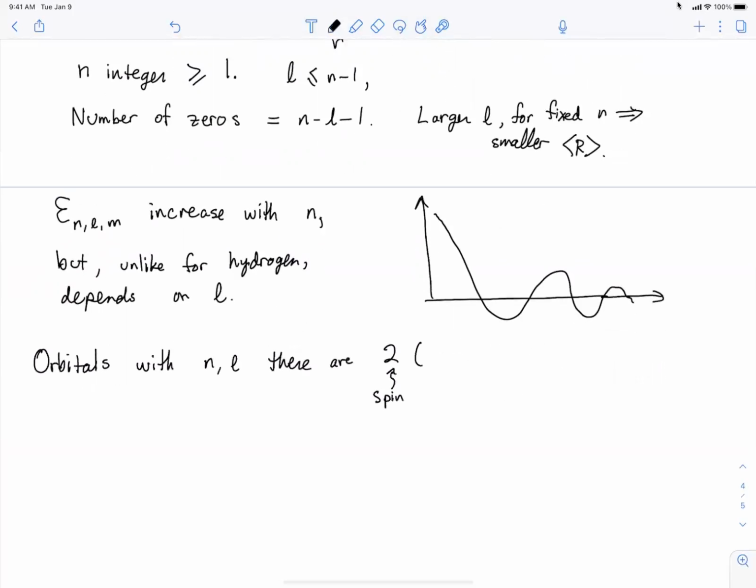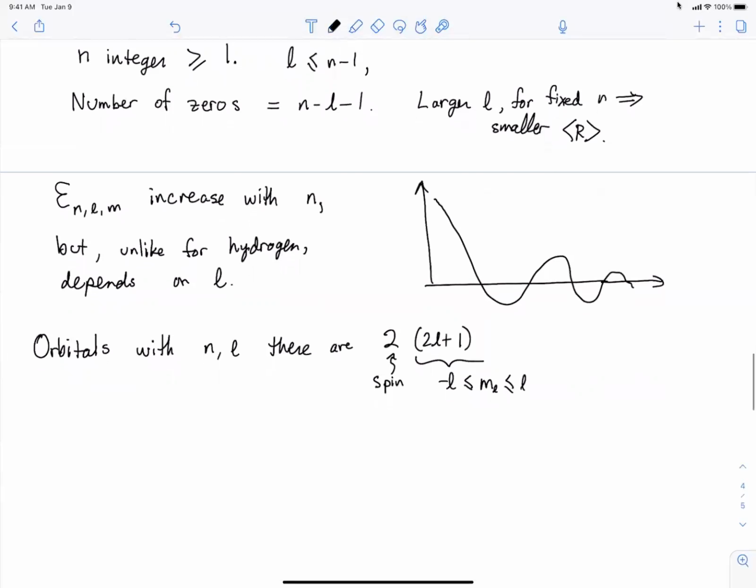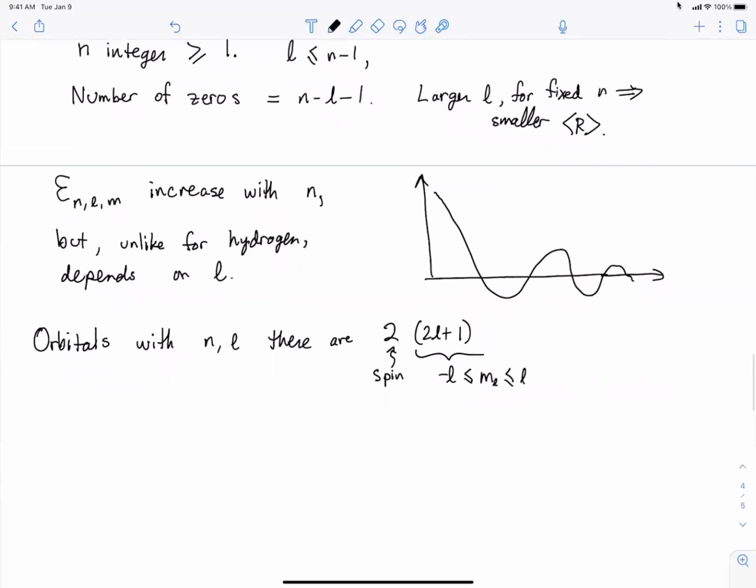And then there's going to be 2L plus 1 of these for minus L less than or equal to M sub L less than or equal to L. So that's just the degeneracy associated with the Z component of the angular momentum. And so the set of all of these states that are at this point degenerate are called a shell.